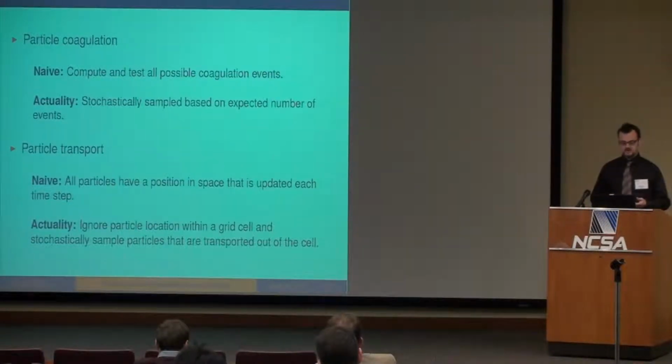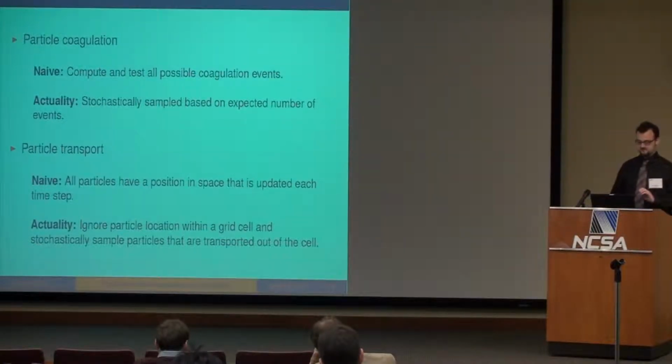However, in actuality, particle coagulation is heavily dependent on particle diameter. So we can do a much more efficient approach where we stochastically sample based on the number of expected events and then reject some of those coagulation events. So we go from n squared calculations to just the number of coagulation events expected.